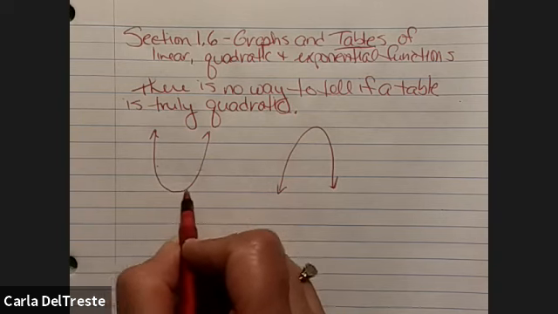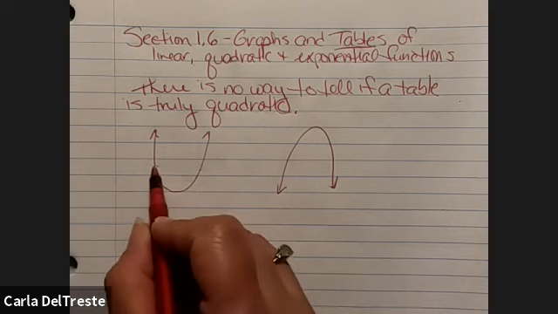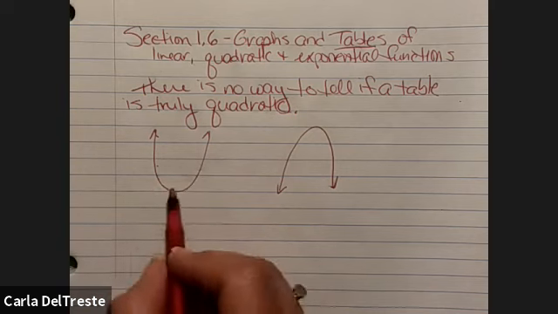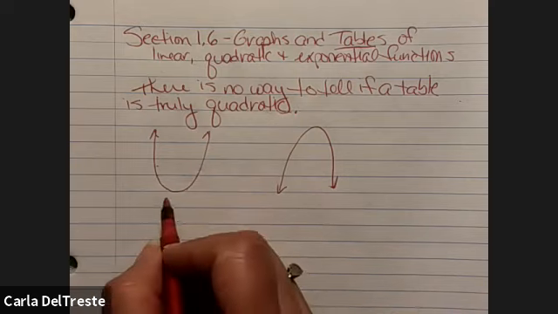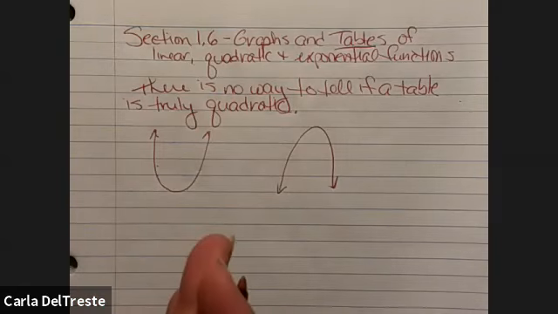It would have to be really obvious that it's the same on both sides of a number, the same difference. So that means that we can kind of eliminate quadratics in this whole lesson. We're really only going to decide whether the table is linear or if it's exponential.